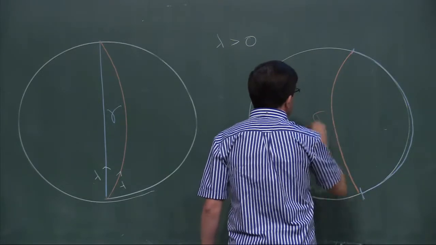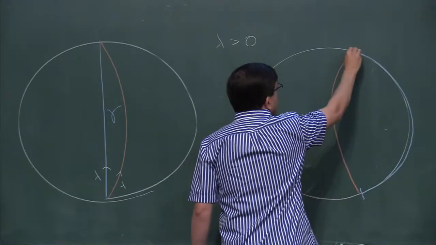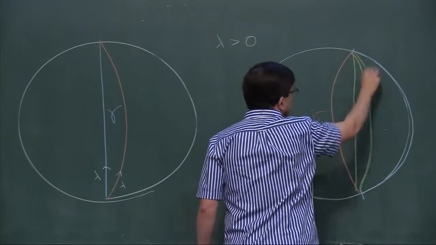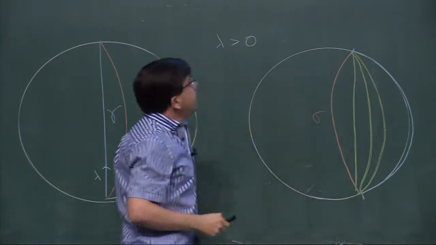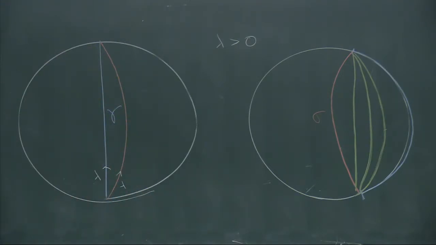I call it sigma. And then you have the equidistant curves to this geodesic. So being foliated by equidistant curves means that the horizontal sections of this disk here are equidistant curves to that geodesic sigma.